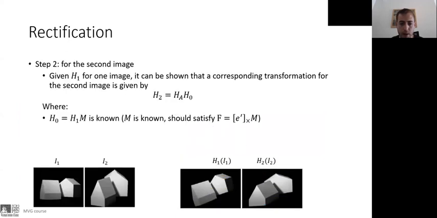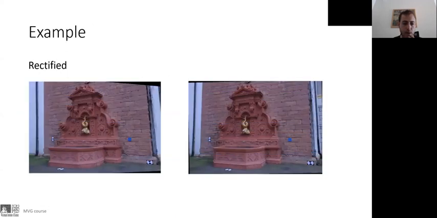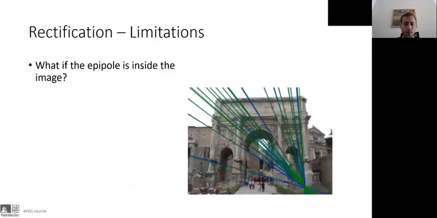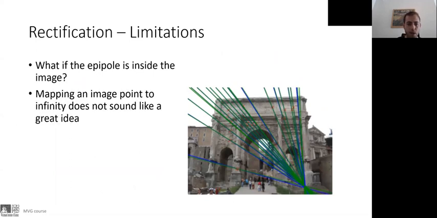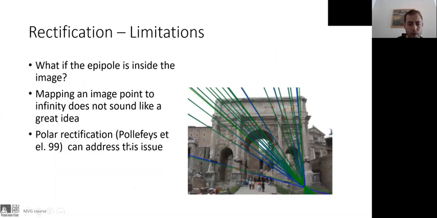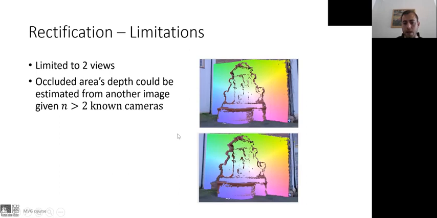Another case that can result in high distortion is if the epipole is close to the image, as you see here. Then you apply a big distortion to the image, and then you might want to use the polar rectification algorithm by Pollefeys et al. But in general, it works very well. I did not do anything special here.